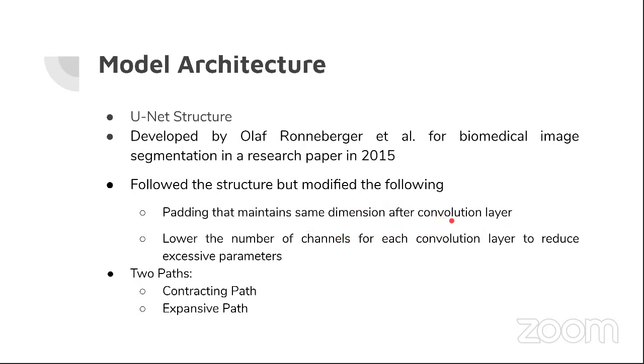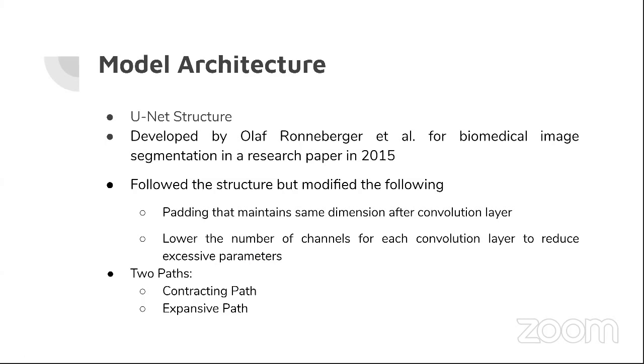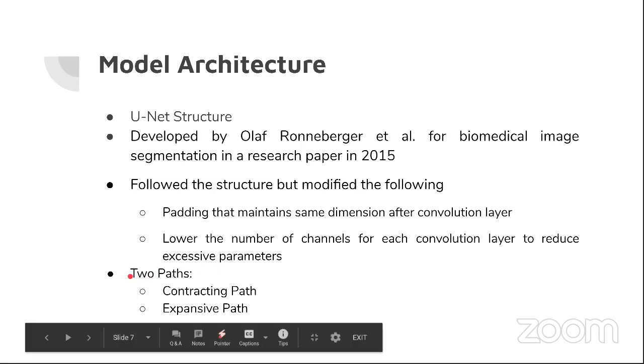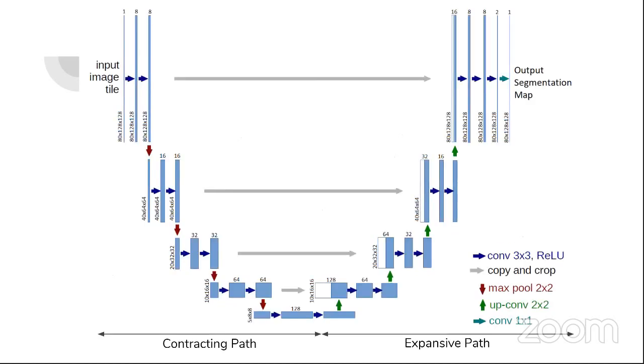We also lowered the number of channels for each convolution layer to reduce the excessive parameters, so that our computer can process the models within a reasonable amount of time. So this architecture has two paths, one is the contracting path, and then there's the expansive path. In the next slide, you will see the visualization of this structure.